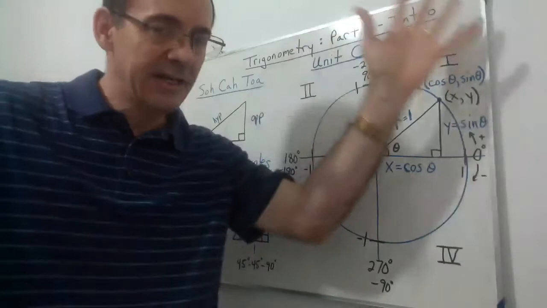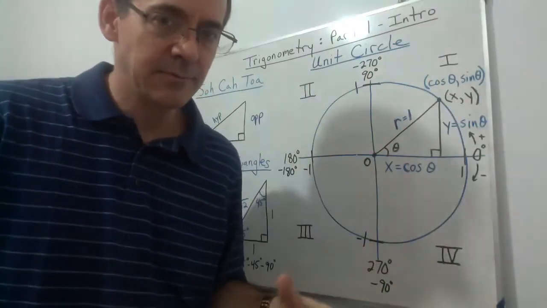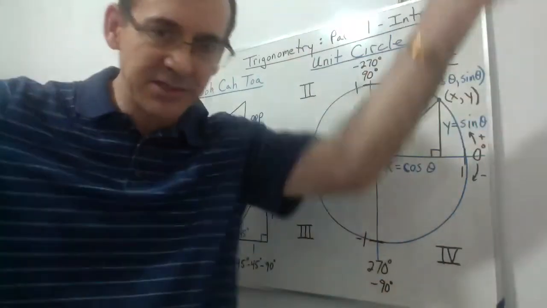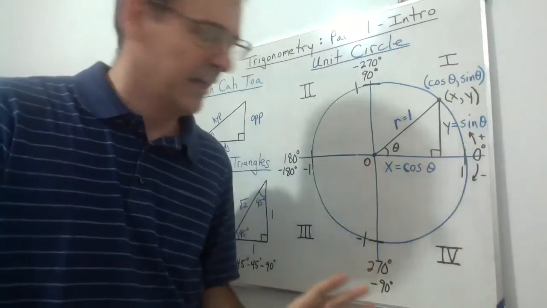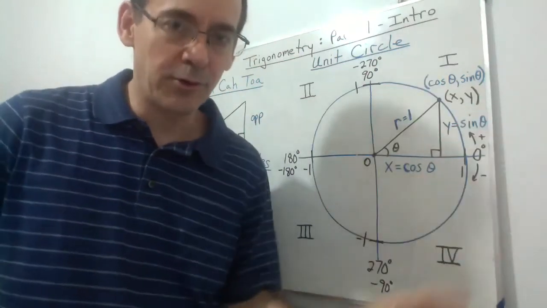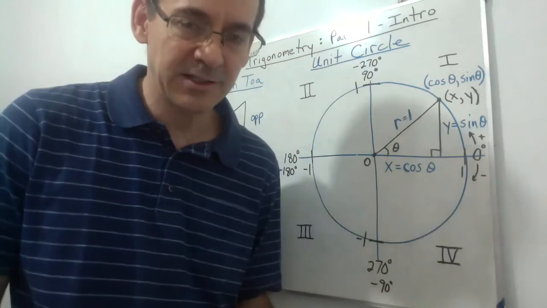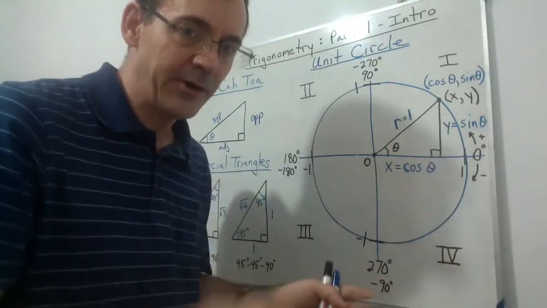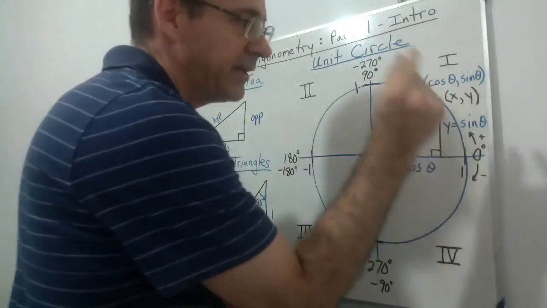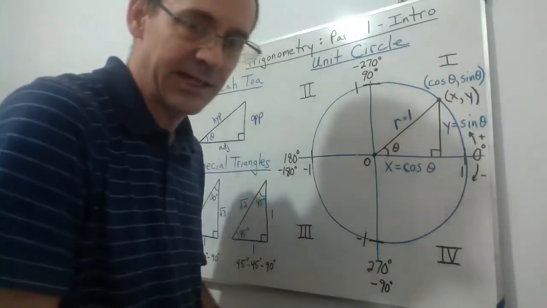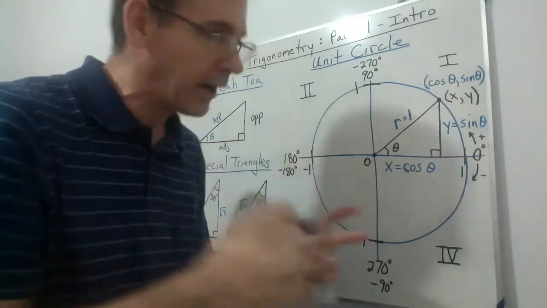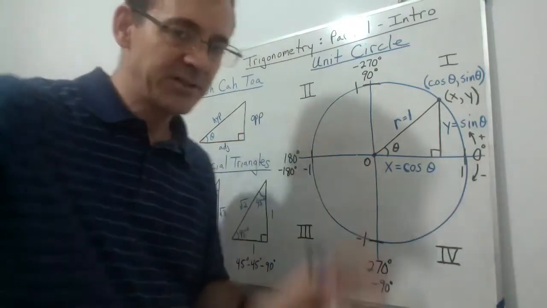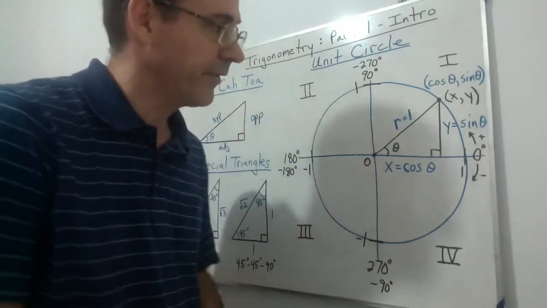Trigonometry branches off into a lot of different areas. We don't have time to explore all of those different areas, but basically everything that you learn from here on out is going to be fundamentally based on sine and cosine. Those two are the Lego blocks for the entire trigonometric system, okay?